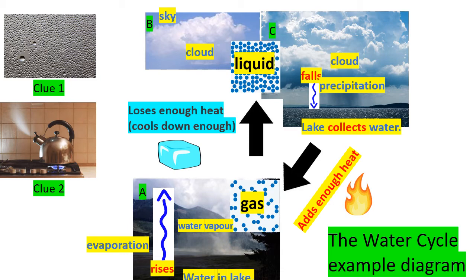Water vapor forms, water vapor rises, water vapor condenses, it loses enough heat, it cools down, right? In the form of a cloud, the water droplets get heavy enough and gravity is able to pull them down, they fall, and then the water cycle just keeps going and going and going.